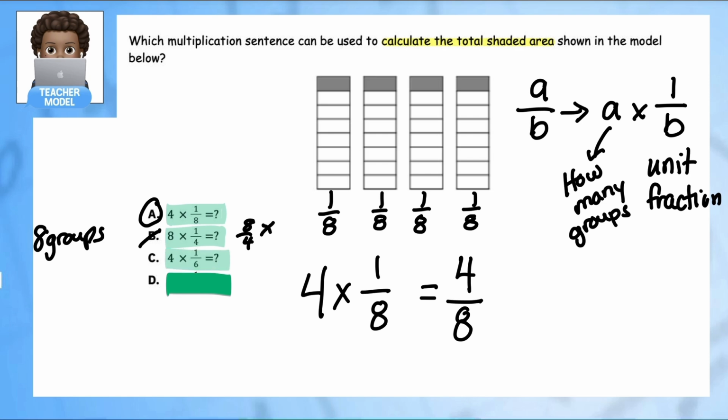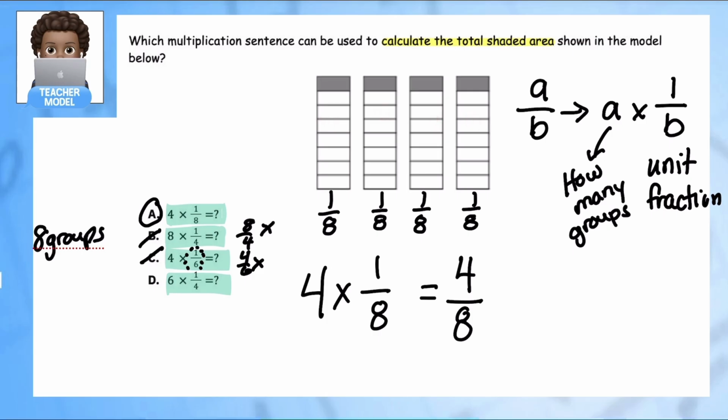And the second one, we have 4 groups of 1/6. So this doesn't work because I don't have 1/6 anywhere. I have 1/8. And if I were to multiply this out, I would end up with 4 over 6, and that's wrong. And let's look at our last one, 6 groups of 1/4. And again, that doesn't make sense because I don't have 6 groups.